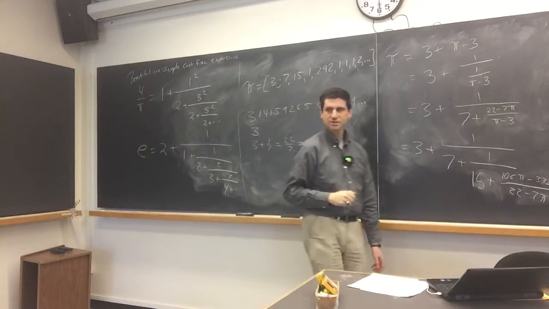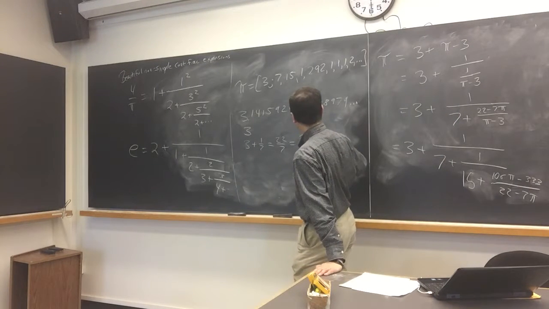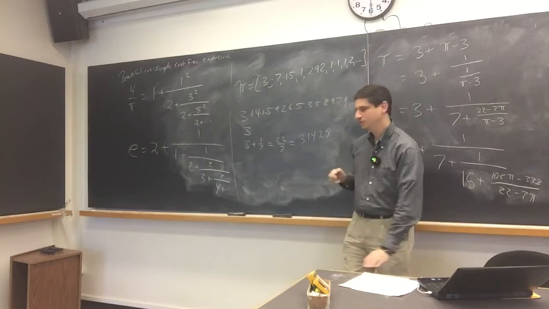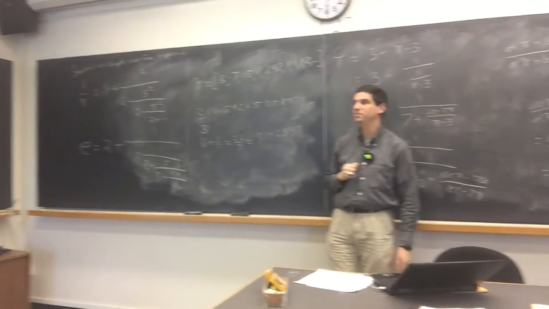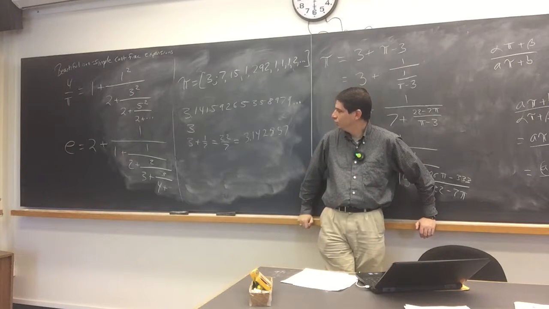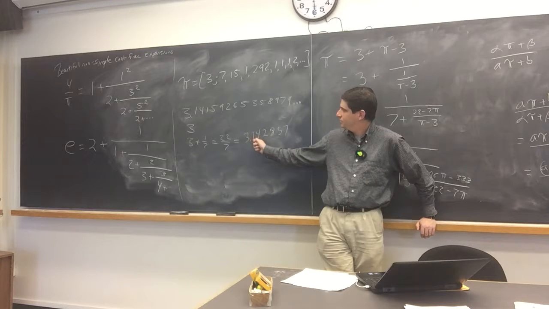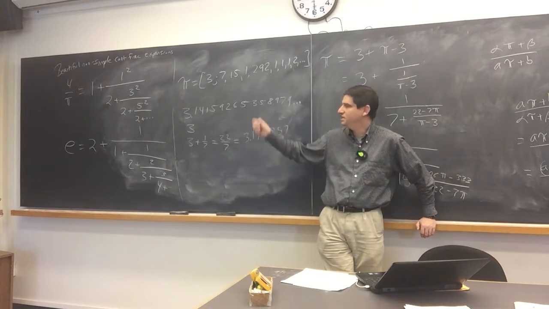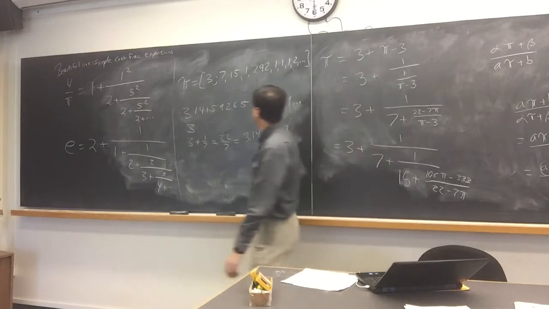And what's 22 sevenths? 3.1428, I think, 57, and then that would be repeating. So just using a denominator as large as 7, we've got 2 decimal digits correct, and then we've got a 28 instead of a 15 for the next two. It's not horrible.